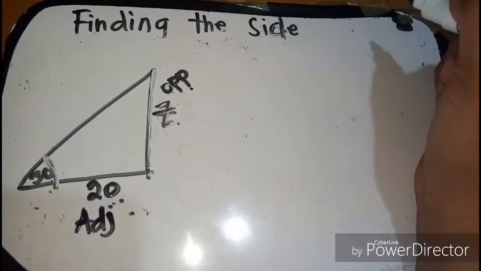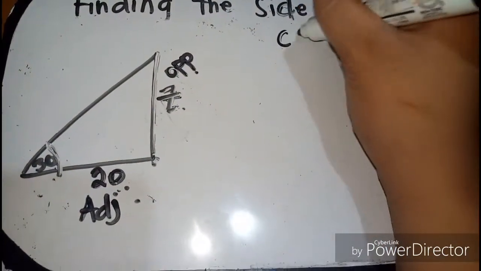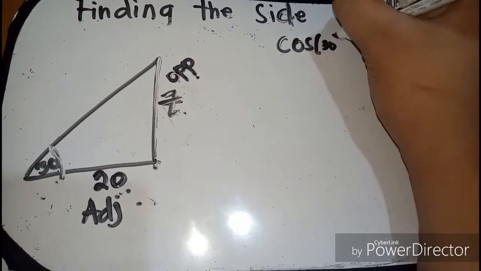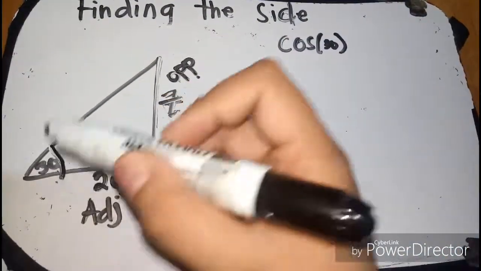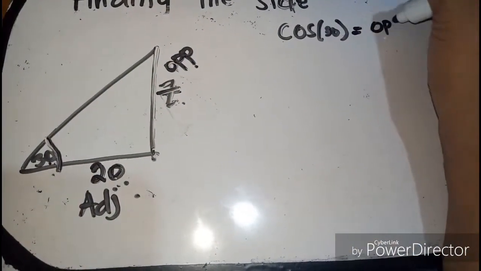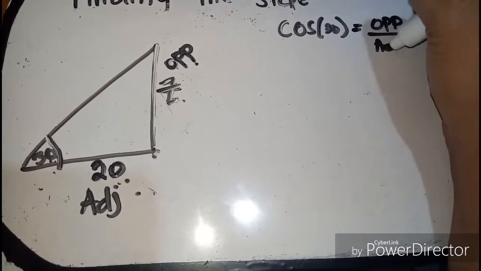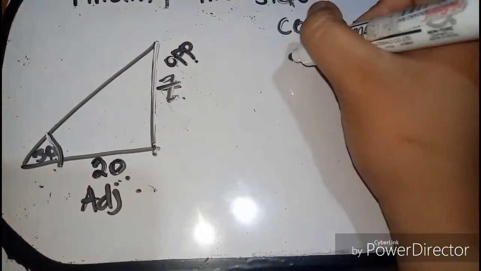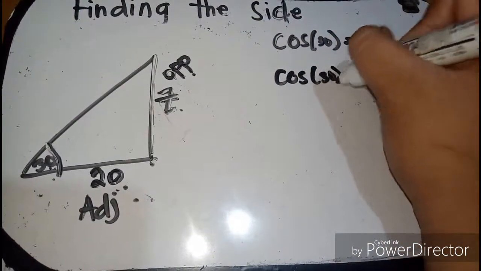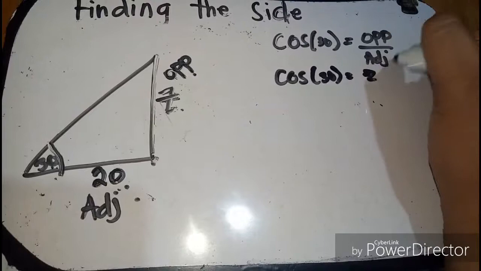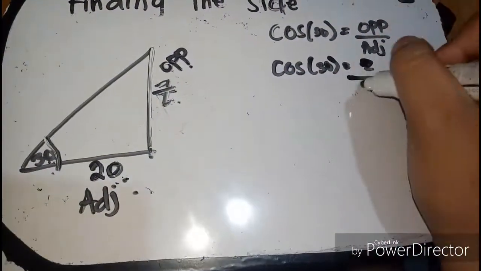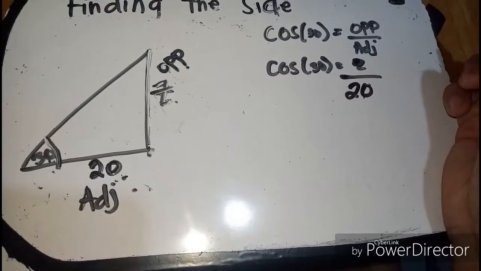So the formula that we're going to use is cos of angle 30, because our angle is 30, equals the opposite over the adjacent. So we will write cos 30 equals z, because this is our unknown, over our adjacent, which is 20.